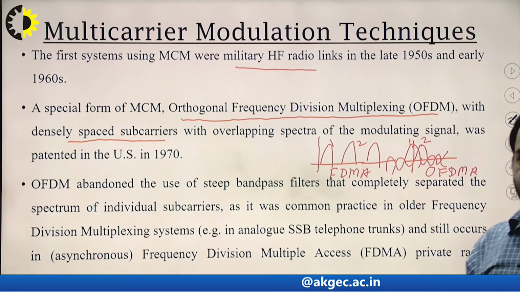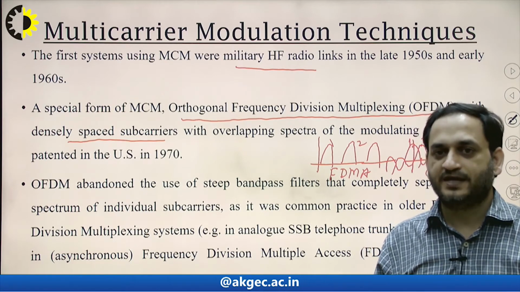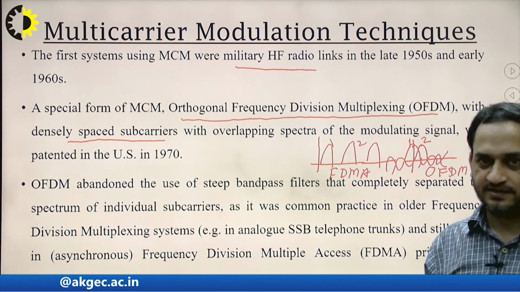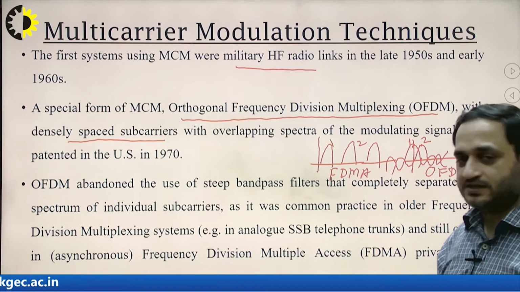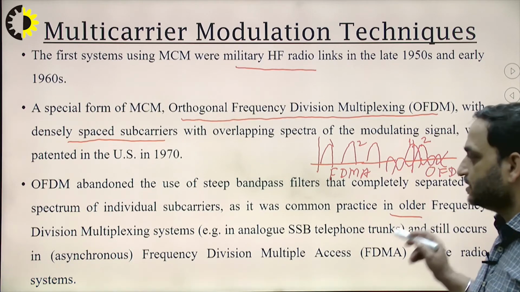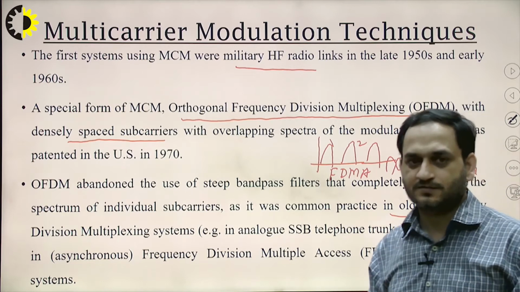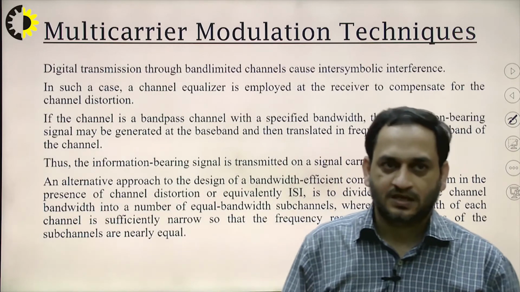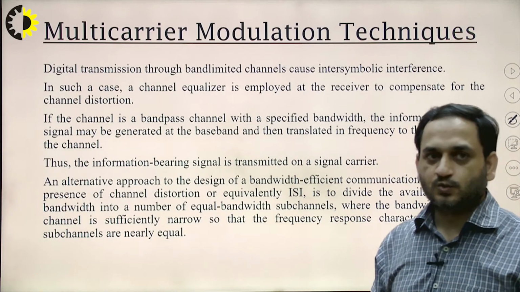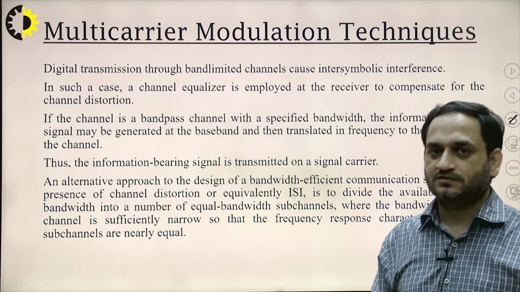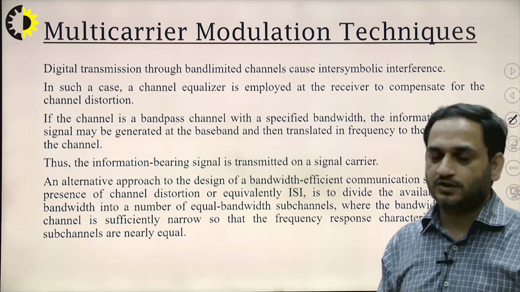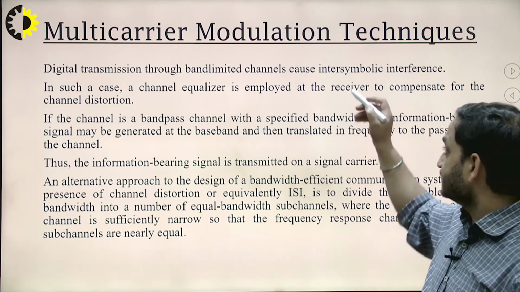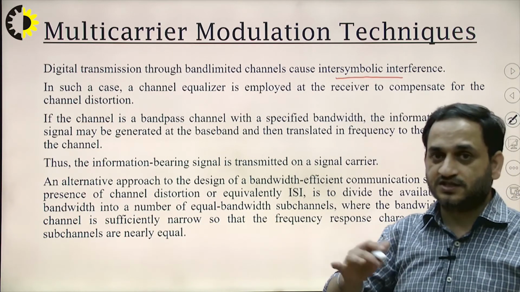This OFDMA system can be used in place of the steep band pass filters that completely separated the spectrum of the individual subcarriers, as was common practice in our older frequency division multiplexing systems. In digital transmission through band-limited channels, symbol interference occurs, and because of this ISI the signal can be distorted.